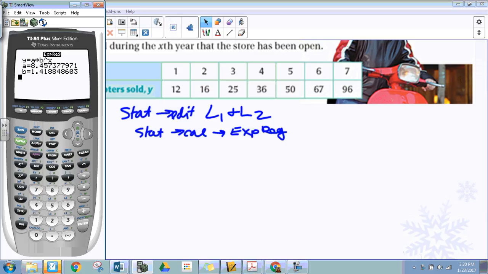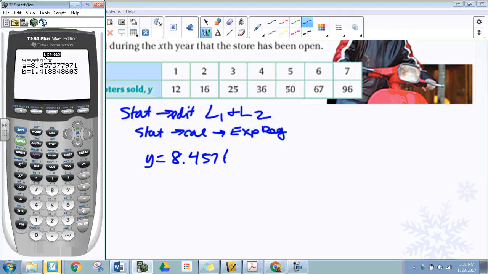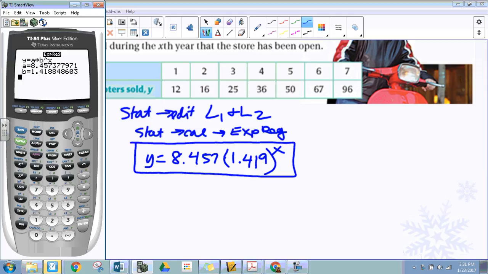So we got our model, a, b to the x, and we'll do 3 decimal places as usual. So we have y equals 8.457 times, we'll put a parenthesis there, 1.419 to the x. So this is our model. Okay, so just like before with all of our quadratic and polynomial regression.